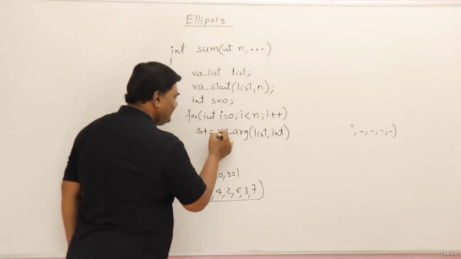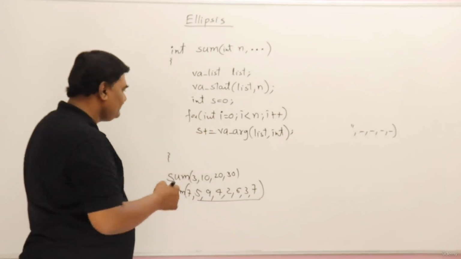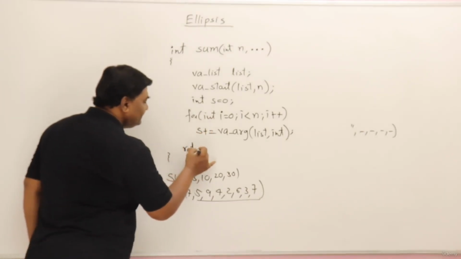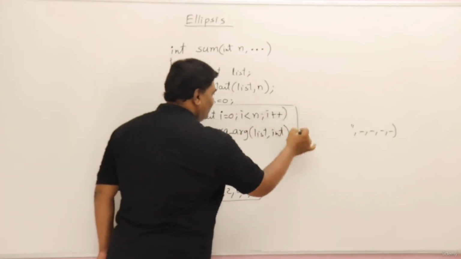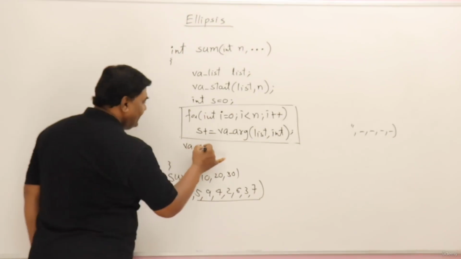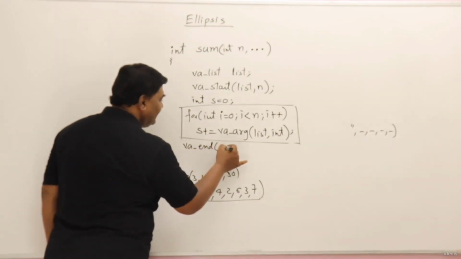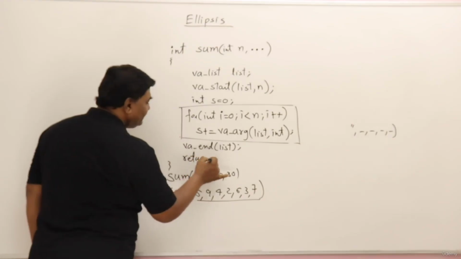So s plus assign, I can add them like this. All those values will be stored in sum. Then finally return s, that is the sum. So this is the code for accessing all the elements. Now one more thing we should do here, va_end on the list. I have to end the list of arguments. Then let us return s.